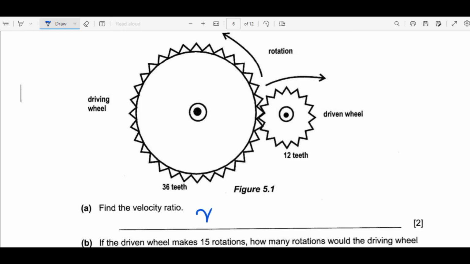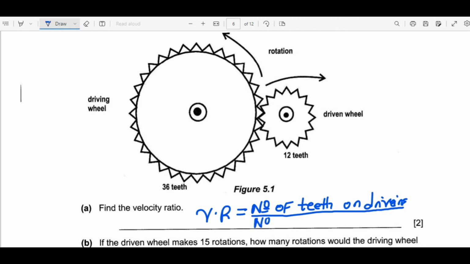So for this one, velocity ratio is just the number of teeth on the driving wheel divided by the number of teeth on the driven wheel. The one with the larger number of teeth must be on top.